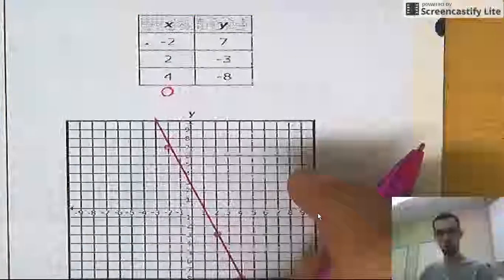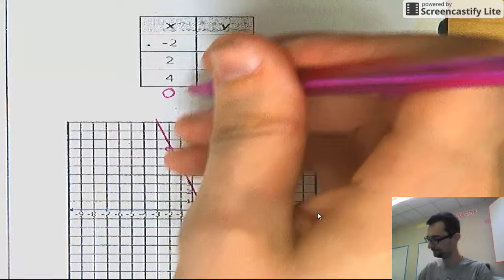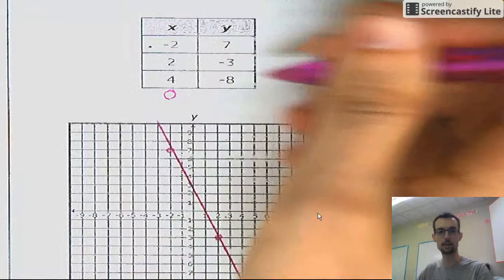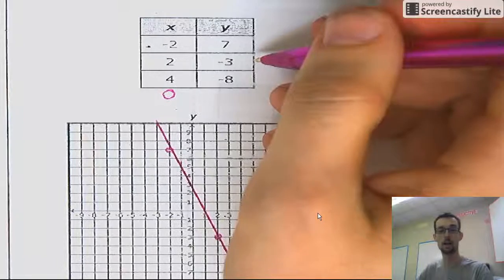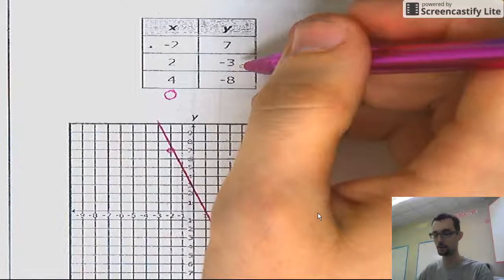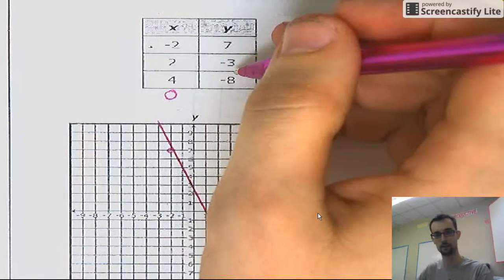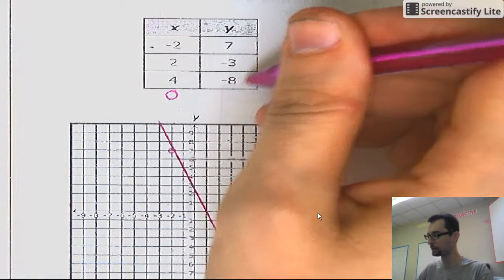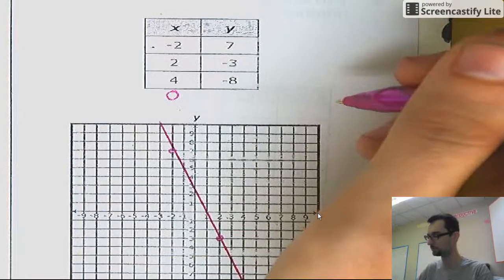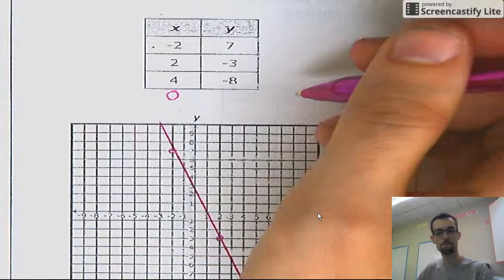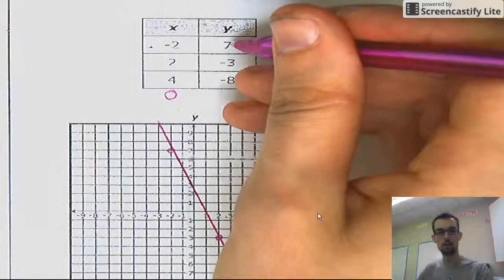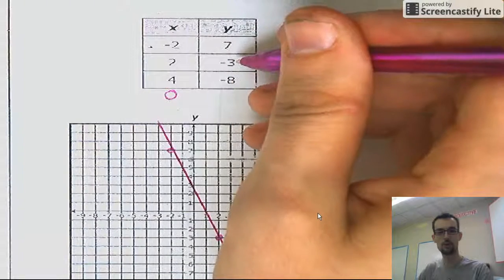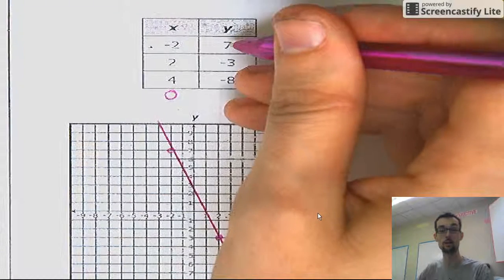Let's see. Let's find out what my rate of change is. I'm saying let's do rate of change first. Let's do the equation first. I don't know. We'll play with this a little bit. Okay. Let's see what my pattern is. What's my change? All right. Well, let's see. It's going down from 7 to -3.